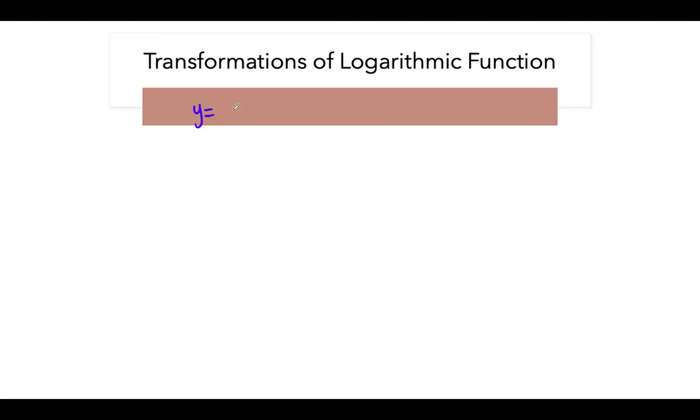Y is equal to negative f, k x minus d, plus c. In this case, for f, the function, we're going to plug in a logarithmic function.